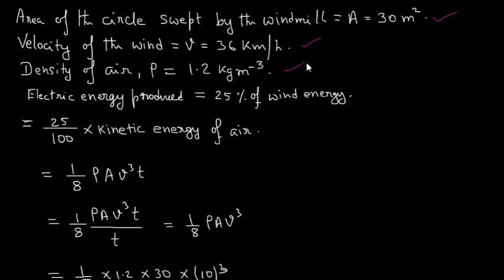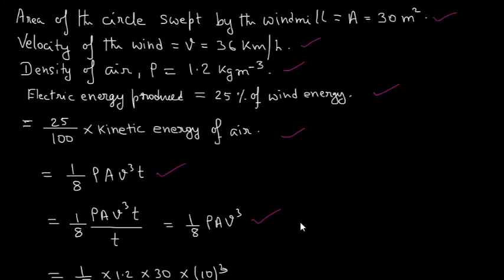Density of the air rho is equal to 1.2 kilogram per meter cube. Electric energy produced is 25% of the wind energy, that is 25 upon 100 multiplied by the kinetic energy of the air, that is 1/8 rho A v cube t. Power is that divided by t, that is 1/8 rho A v cube.